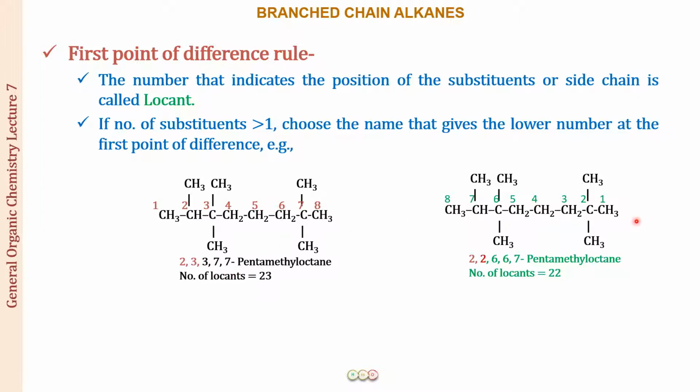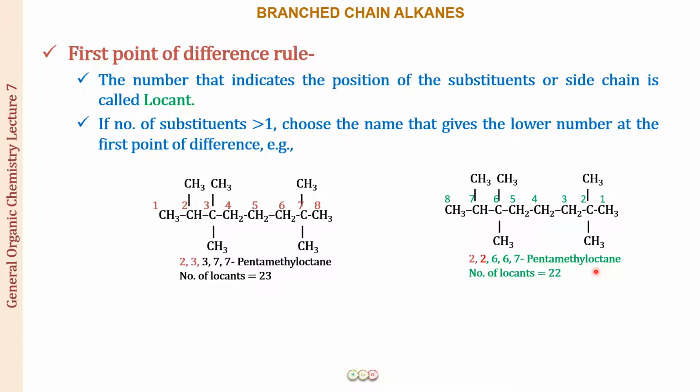In the other case, there are 2 methyl groups at position number 2, so these are 2, 2, then 2 at position 6, so 6, 6, and 7. So according to this numbering, the name of the compound is 2,3,3,7,7-pentamethyl octane, whereas in this case it will be 2,2,6,6,7-pentamethyl octane.